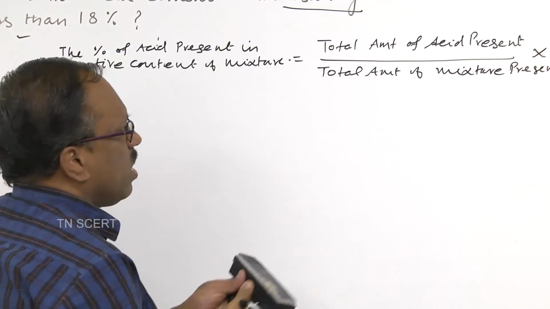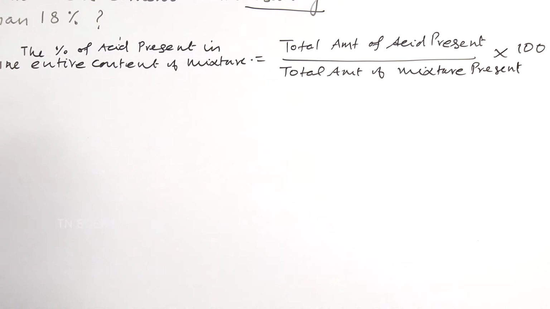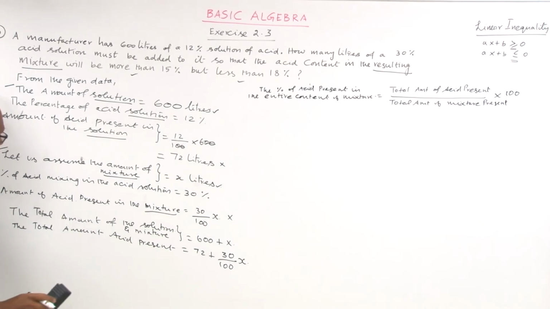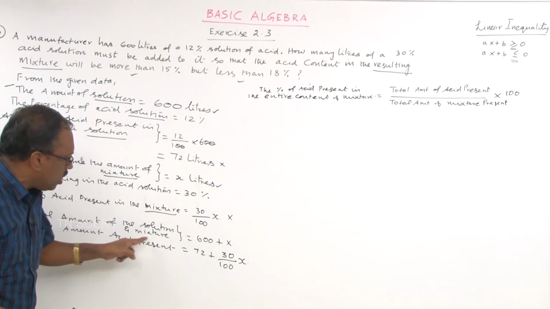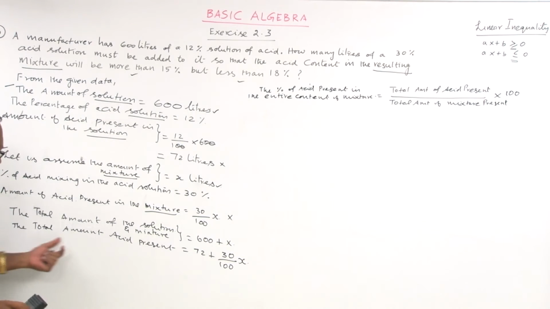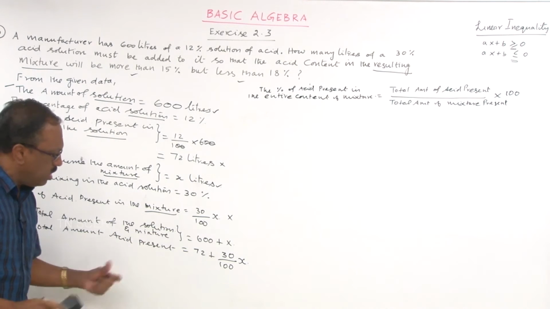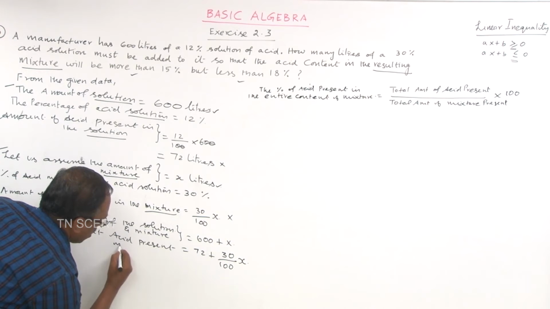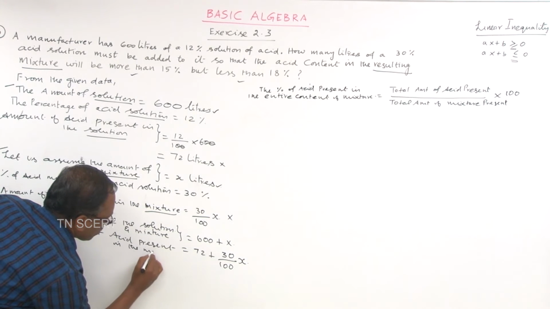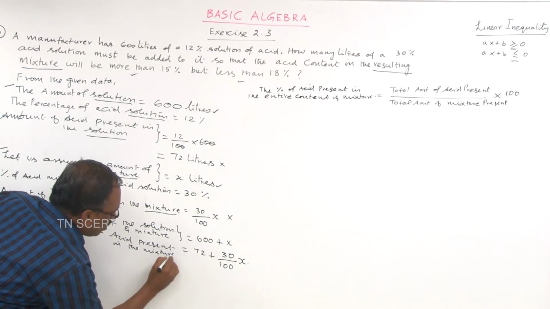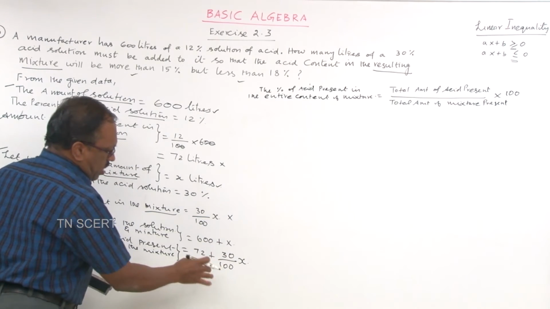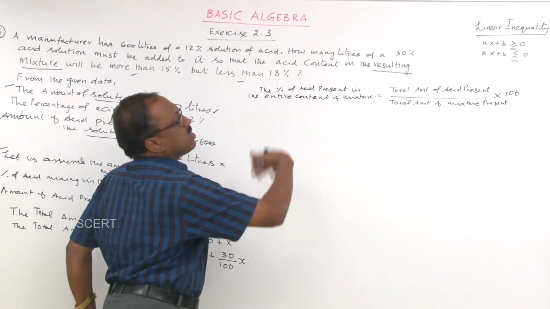See, first we have taken the solution, second we have taken the mixer. The total amount of the solution and the mixer is this much. Total amount of acid present in the mixer. So here the condition is there, so you have to substitute.